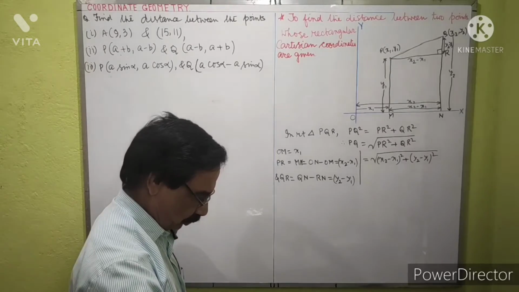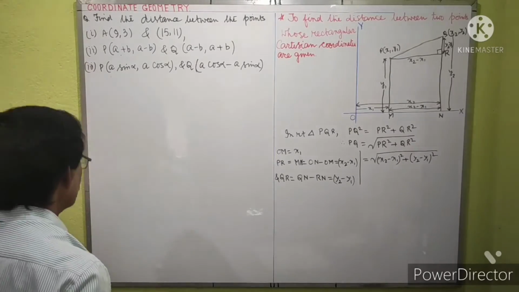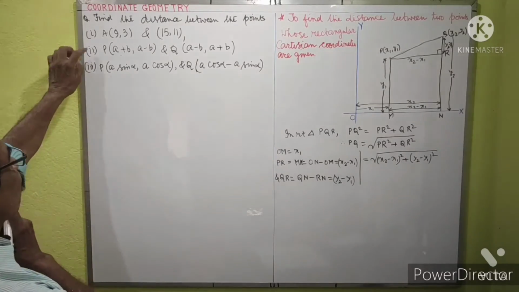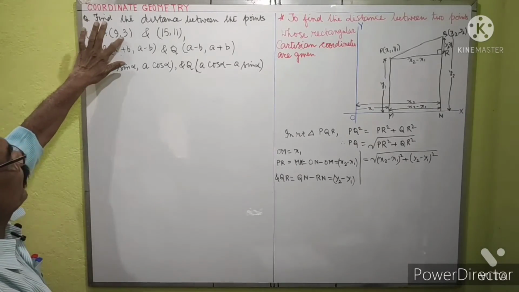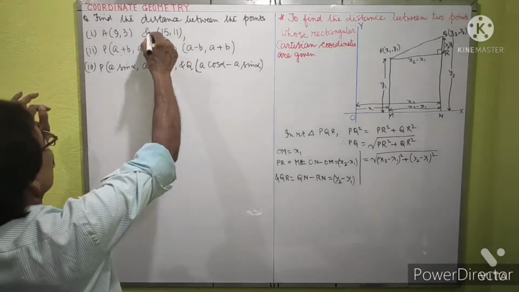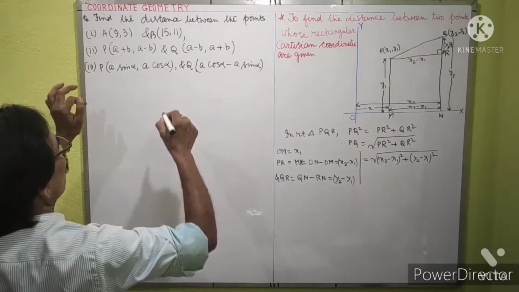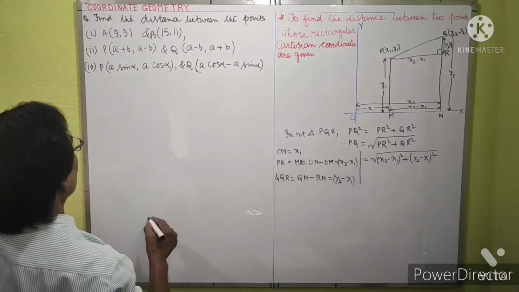Let us see some problems. First problem, 2 points A (9, 3) and B (15, 11).